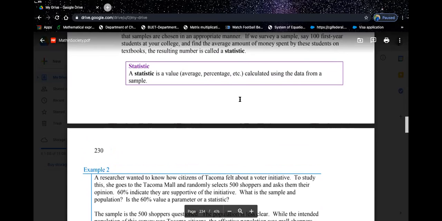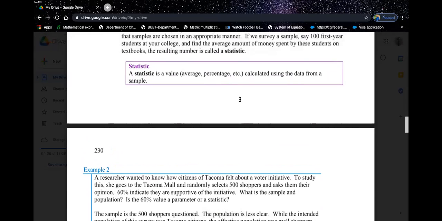First of all, she randomly selects 500 shoppers. So clearly, it's a smaller subset of the population. Now, the difficult or tricky part would be to define the population.